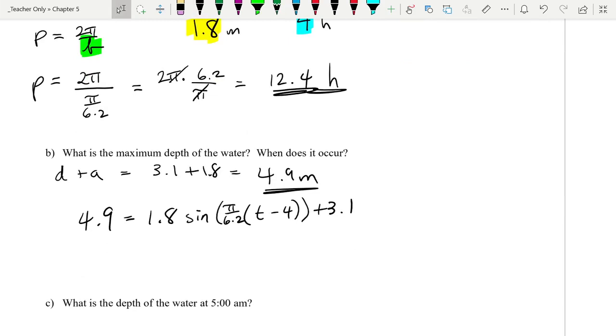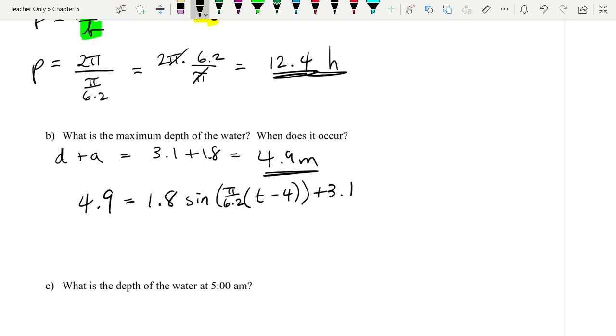All right. So what do we do here? This is exactly the same as the last example we did. We let theta equal this complicated part. And then we solve 4.9 equals 1.8 times the sine of theta plus 3.1.